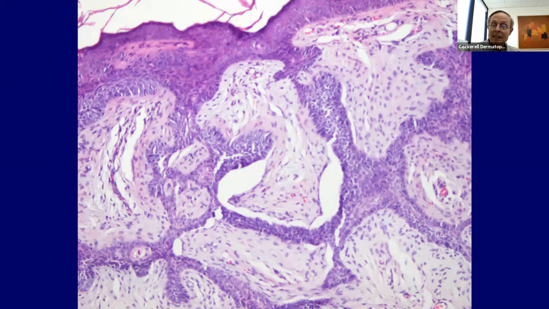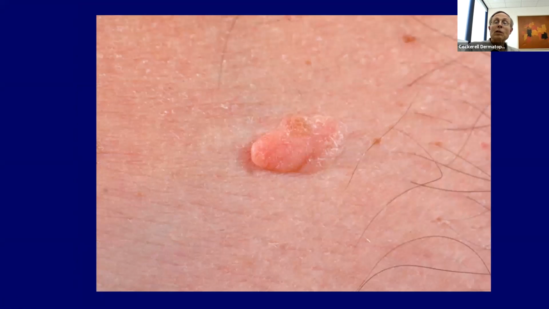You get clefts, like you see here, between the basaloid aggregates and the fibromucinous stroma. Okay, sometimes you'll see a little nodular basal cell element in these. And these usually look like this. They're little skin-colored papules, often on the trunk. Clinically, nobody thinks they're basal cells. The best treatment here is not desiccation and curettage because of the fibrotic stroma. It doesn't respond as well to that.